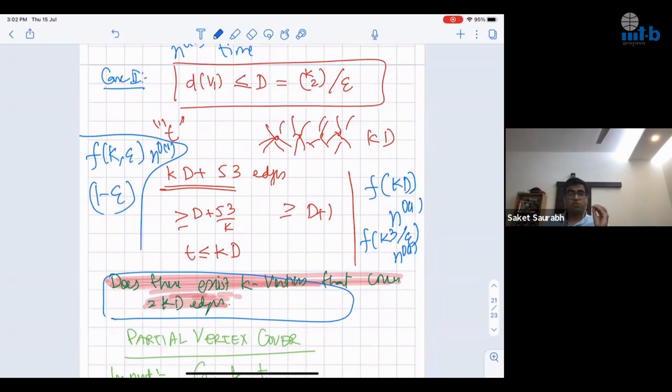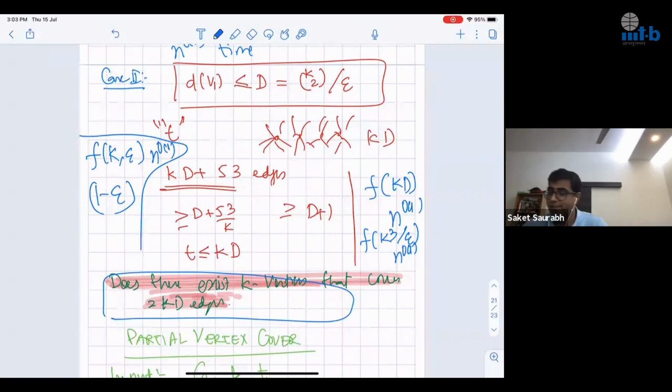So we are able to give an FPT algorithm with the property that you choose your favorite epsilon, then this algorithm will run in time depending on K and that epsilon, and it will return a 1 minus epsilon approximation, meaning a K-size set that covers at least 1 minus epsilon times t edges.